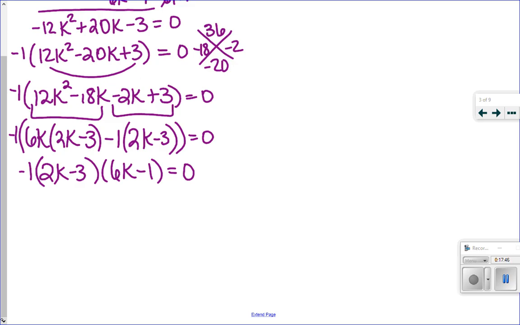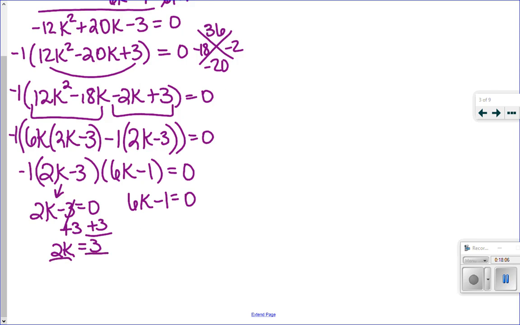Now that we have it in factored form, really the only factors I need to worry about to establish a zero product property are the ones with variables. So I'll set this guy equal to 0. I will set that guy equal to 0. And I'll solve. Divide by 2.